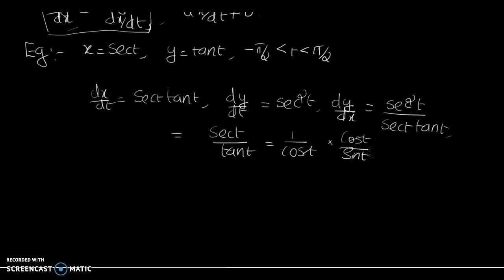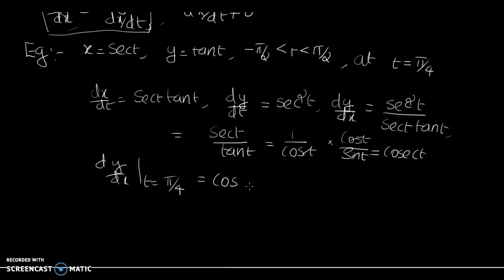This cancels and equals cosec t. So dy by dx is equal to cosec t. Now find the tangent at the point t equal to pi by 4. Then dy by dx at t equal to pi by 4 is cosec pi by 4, which is equal to root 2.